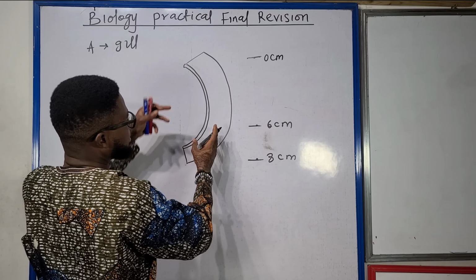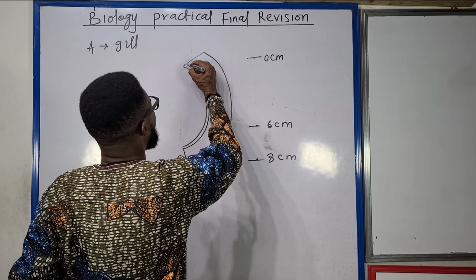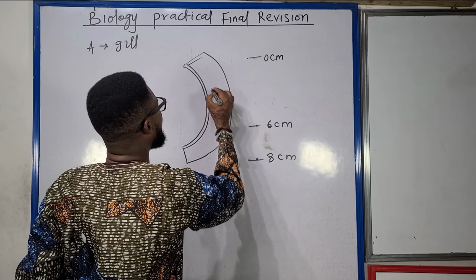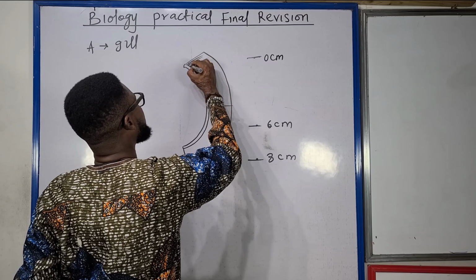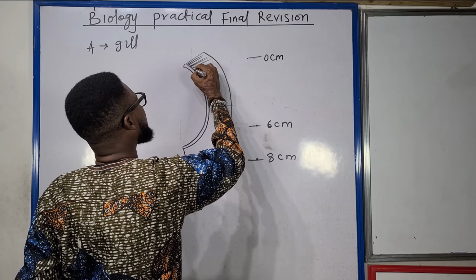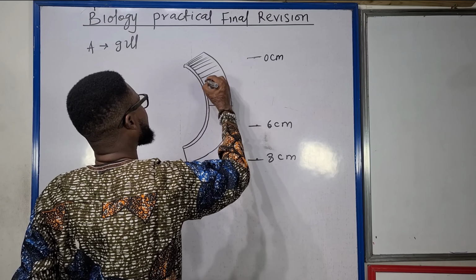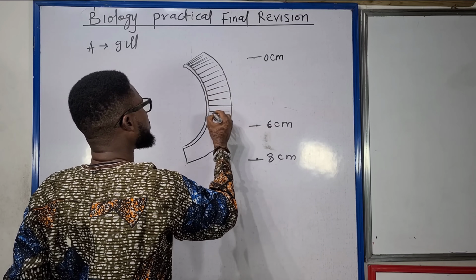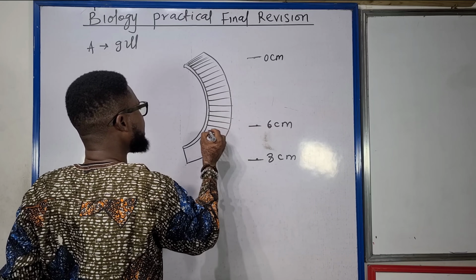So once you've drawn this, it is going to represent your gill arc. Of course, you then try to get the middle. This talks about the filament. You just go that way. Make sure it doesn't go out of the line.